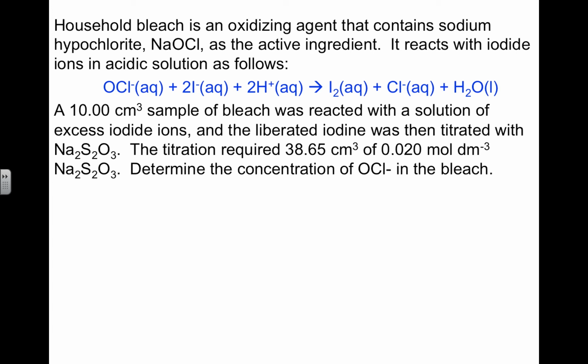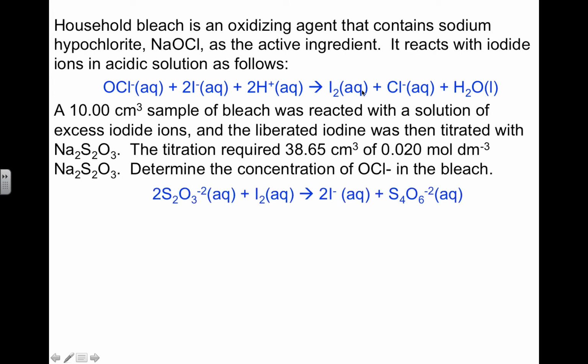So we actually have two reactions going on. We have this one, and then we titrate this iodine using the thiosulfate. So we're going to start with our thiosulfate and figure out how much iodine it reacted, and then we're going to use a second mole ratio to go from iodine to hypochlorite.